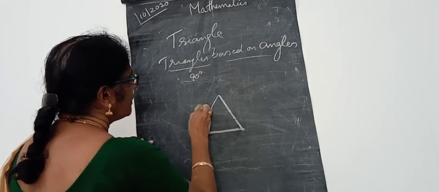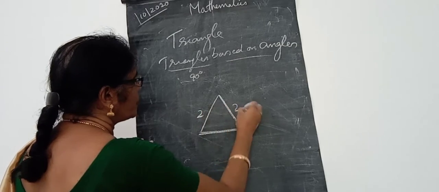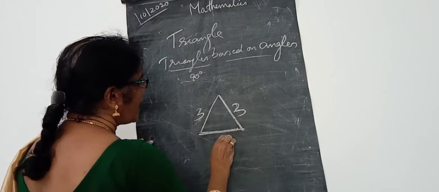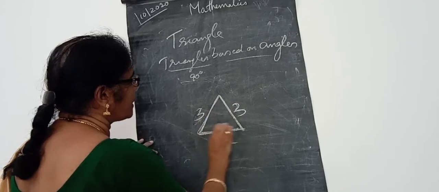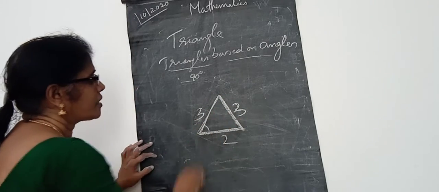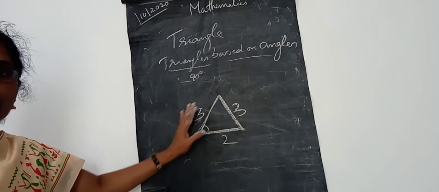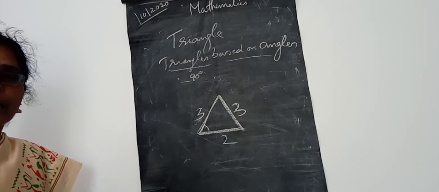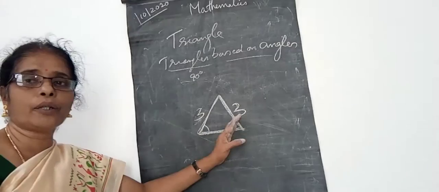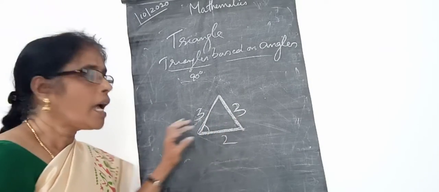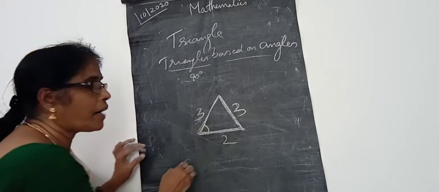Look here, children. This one is 2, 2 and this one is 3. 3, 3 and 2. What type of triangle is this one? According to the sides, this is an isosceles triangle, isn't it? Because two sides are equal. And what is the angle? Which type of angle is here?